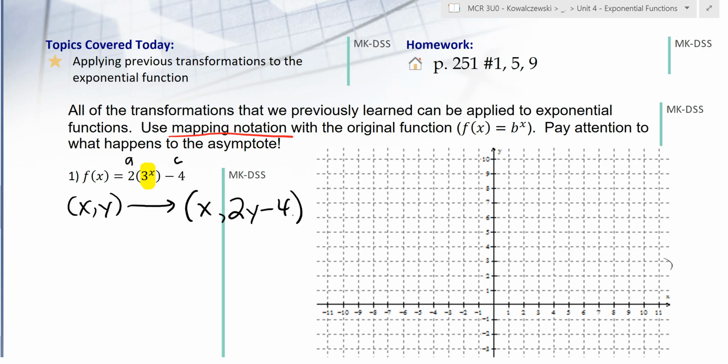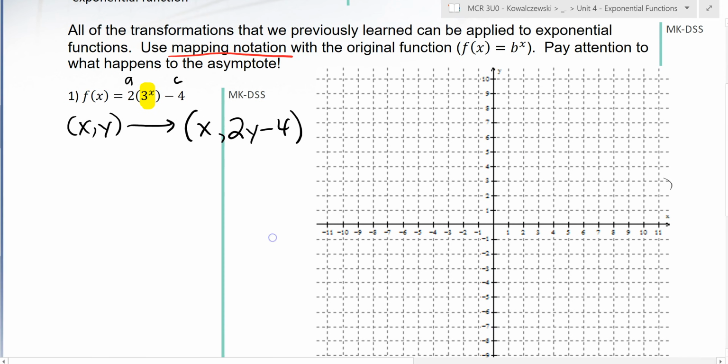All right, so what points do we use if we're graphing the function 3 to the power of x? Now, one thing we can always do is, any of these exponential functions, if x is equal to 0, the y value will be 1. That one will always be true. Now, it does change if x is equal to 1 or x is equal to negative 1.